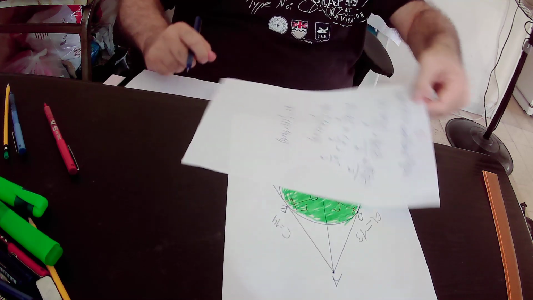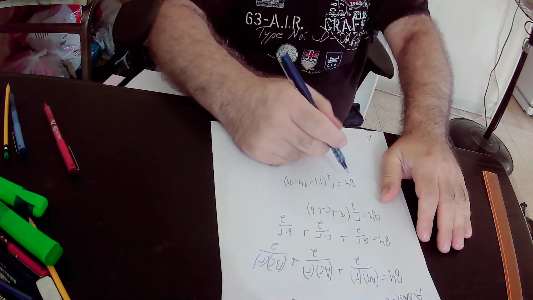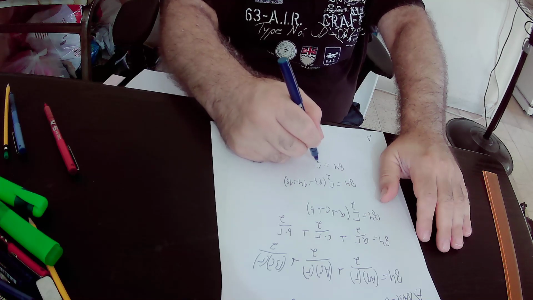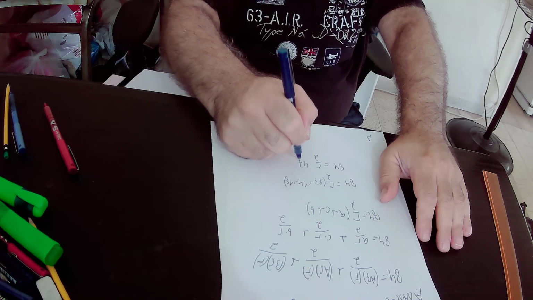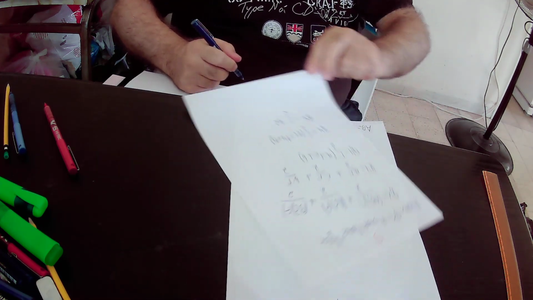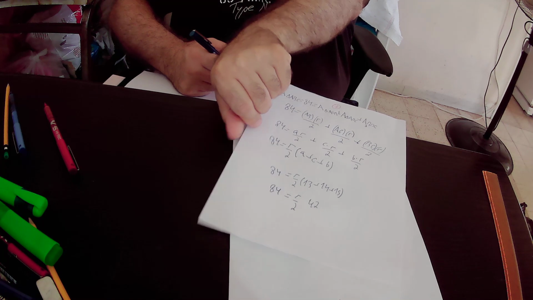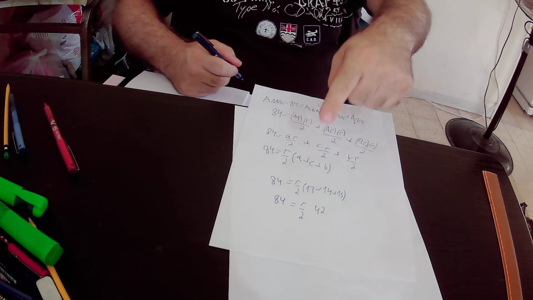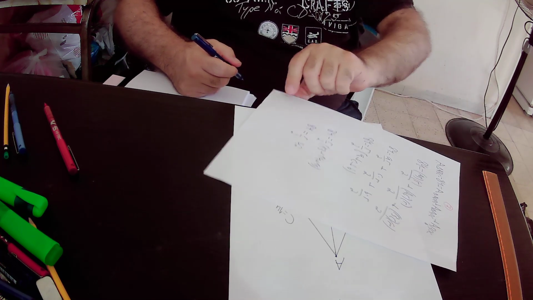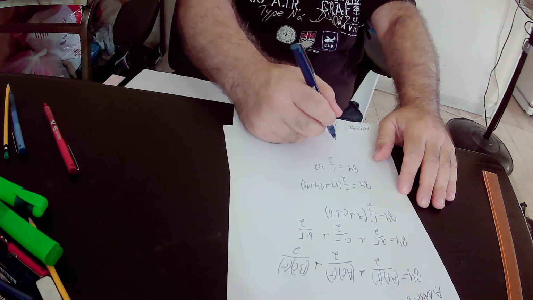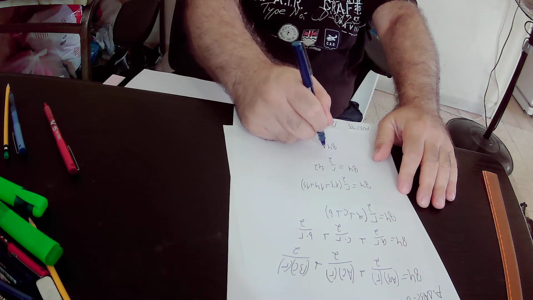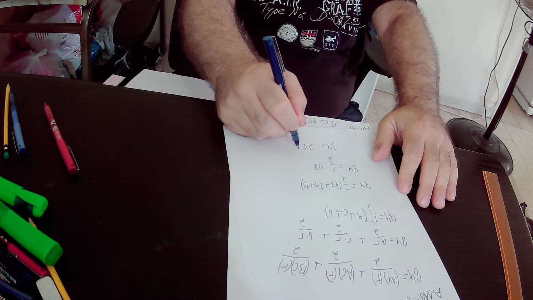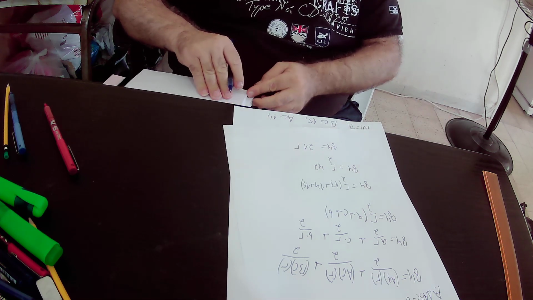So I'll write it down: 84 equals R over 2 times 42. Here 42 over 2 is 21, so we got that 84 equals 21 times the radius.